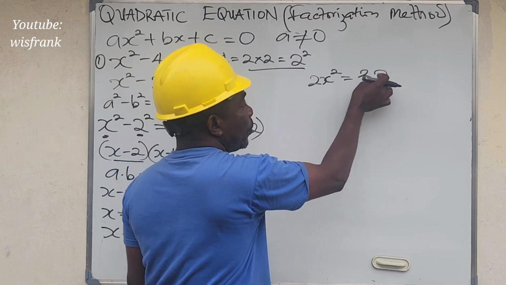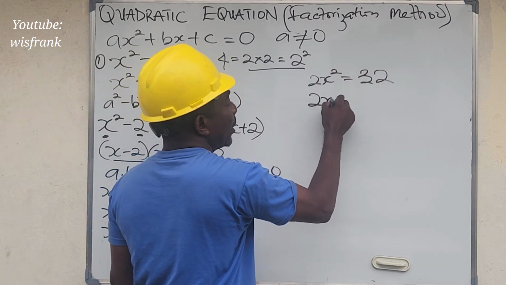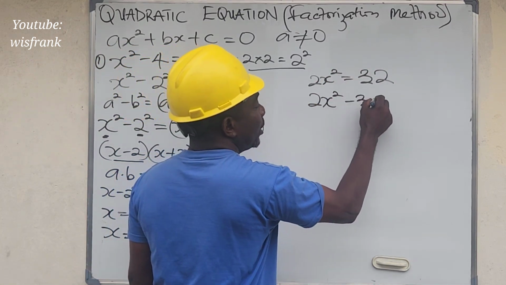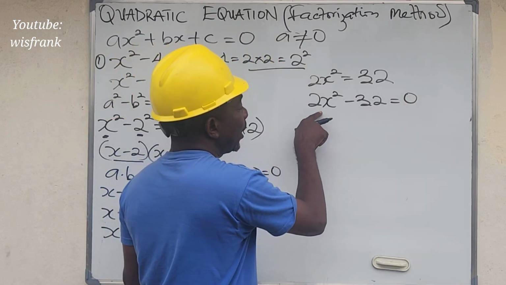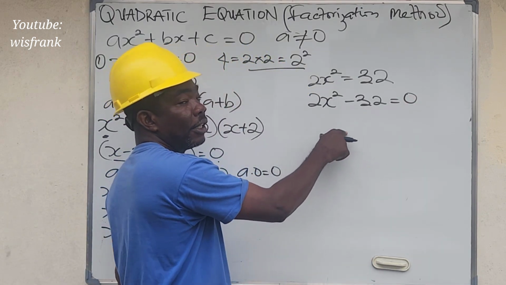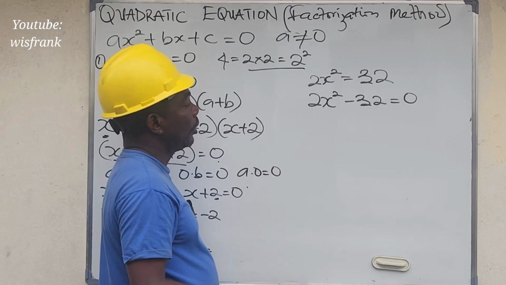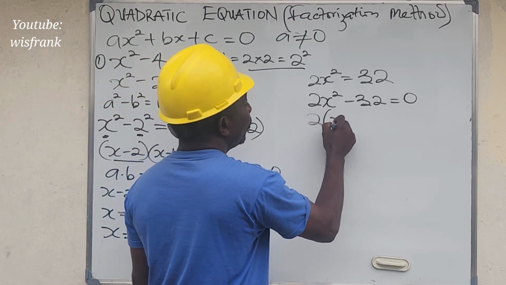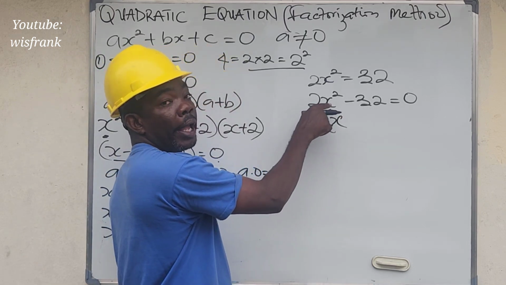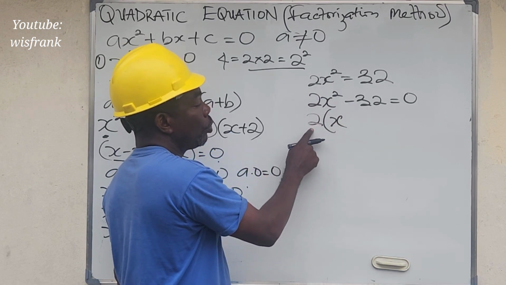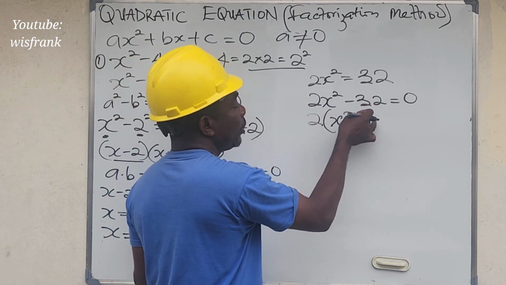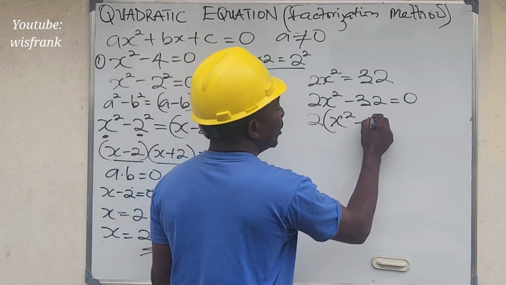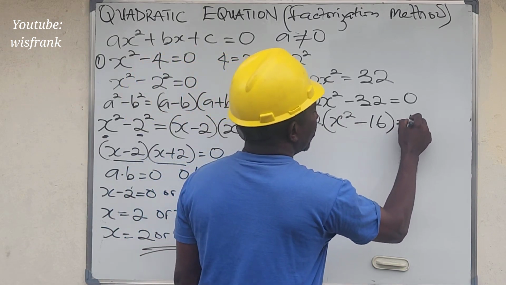So transposing 32 to the other side, we have 2x to the power of 2 minus 32 equals 0. Here we have 2 and 32, and we can factor it out. So we have 2 into x to the power of 2, because 2x to the power of 2 divided by 2 gives x to the power of 2, and minus 32 divided by 2 gives minus 16, all equals 0.